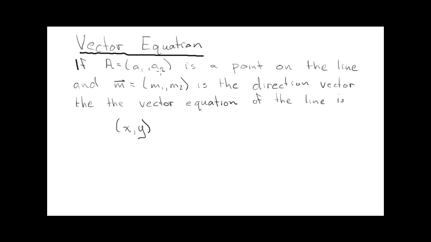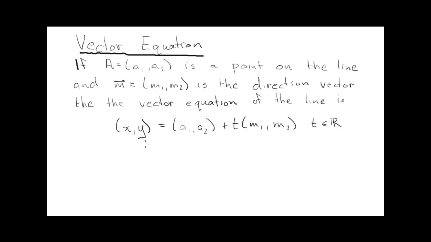If you have a point on the line, a1, a2, and a direction vector m1, m2, then the vector equation of the line is xy equals the point plus t times the direction vector, where t is some scalar, some real number.